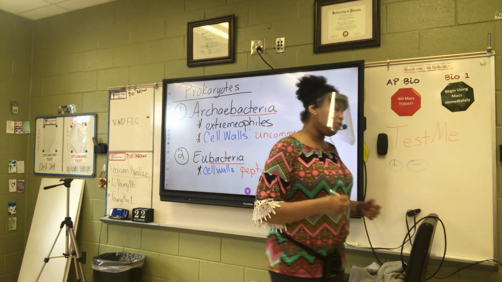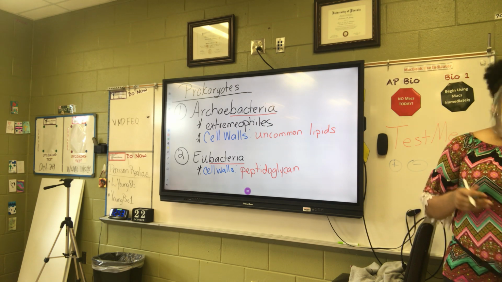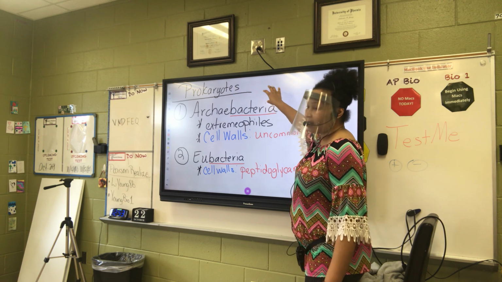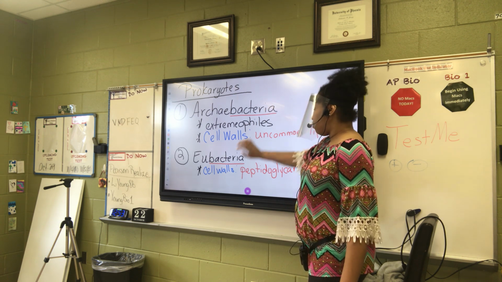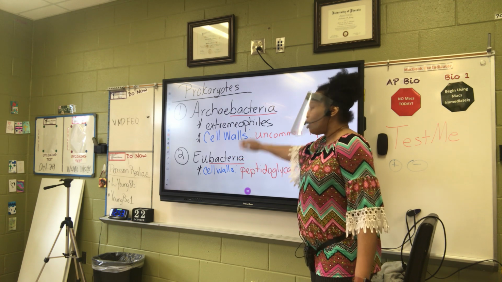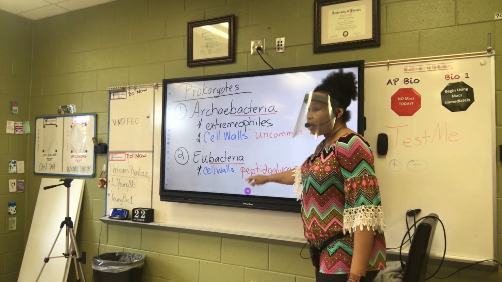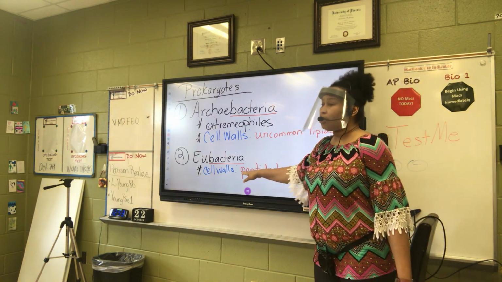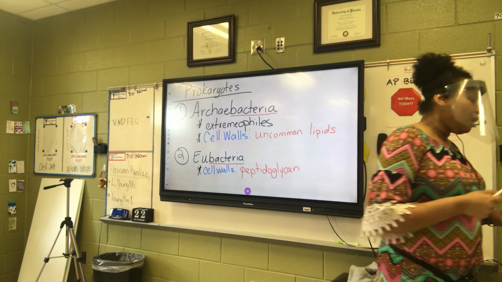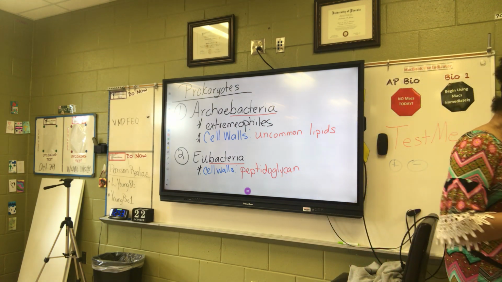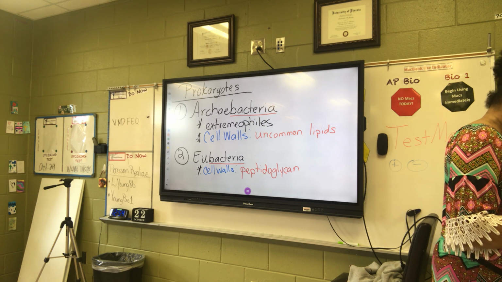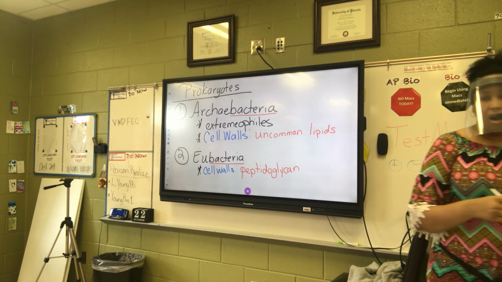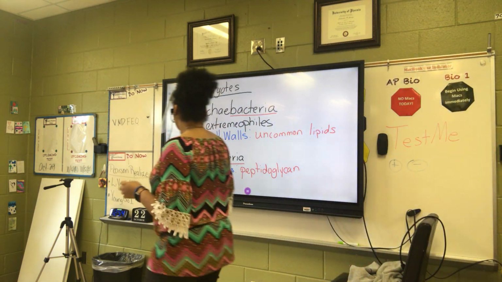The cell walls of eubacteria are going to be made of peptidoglycan. So that's one difference between the two. In addition to these existing in extreme conditions that these would not be able to exist in, you also have the difference in the cell walls. The cell walls of archaeobacteria are made of uncommon lipids, whereas the cell walls of eubacteria are made of peptidoglycan. You need to make sure you know the difference between those two. Any questions about that? All right. Next we're going to talk about our eukaryotes.